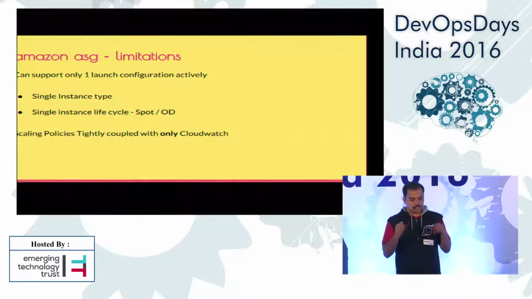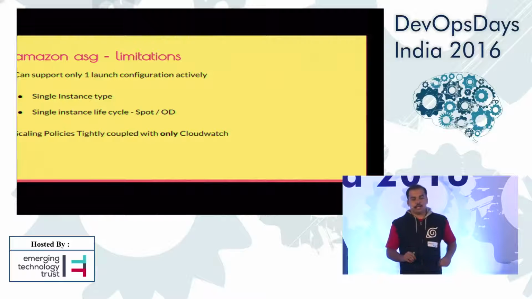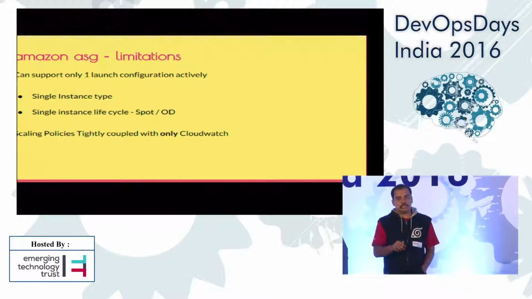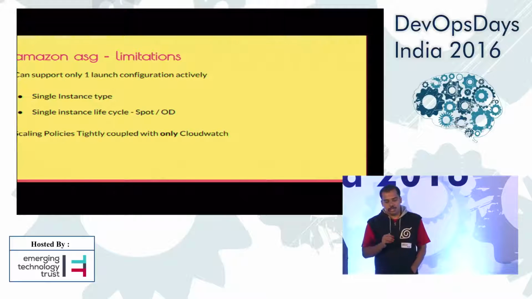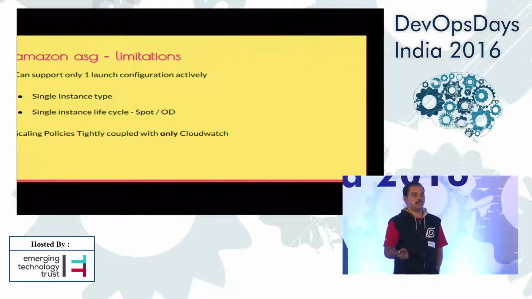And also, auto-scaling group supports real autoscaling using your metrics. But the problem is it's tightly coupled with CloudWatch. This was a deal breaker for us because we weren't using CloudWatch, and we had our own in-house InfluxDB-based metric collection system, and we just couldn't do anything with it because it's very hard to integrate.